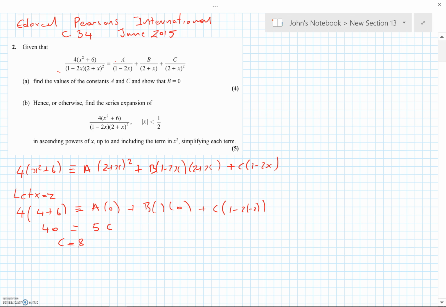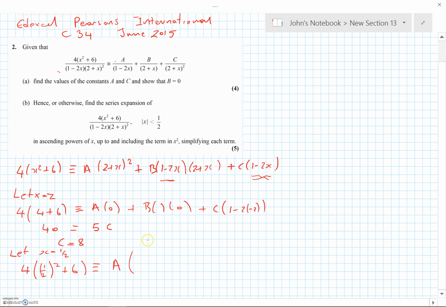Now, to work out the other one, I can let x equal a half, because then this will cancel here, and this will cancel here. So if I let x equal a half, I get 4 times a half squared plus 6 is the same as... it's going to cancel from this and this, so let's just leave the a term this time.